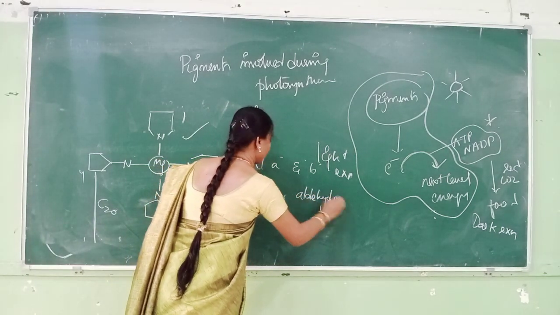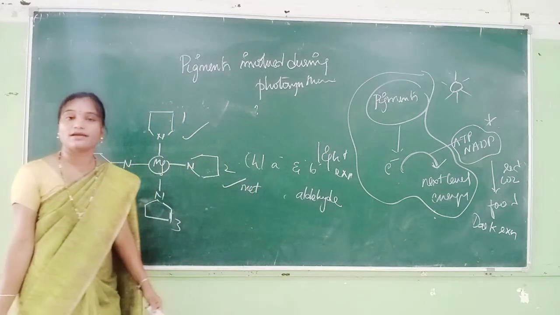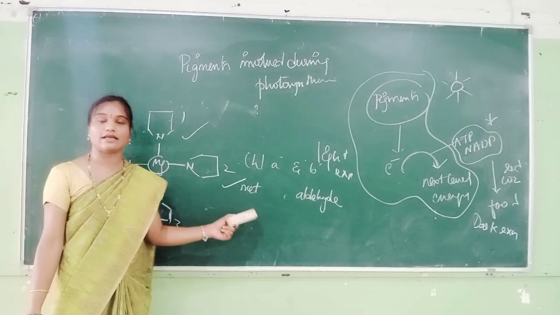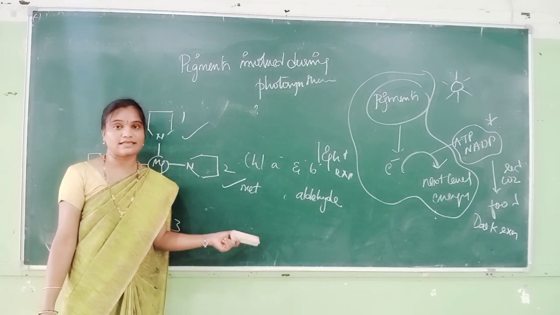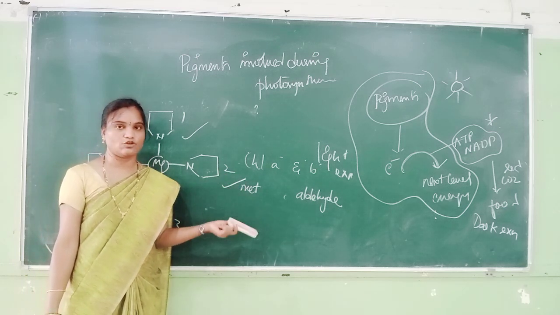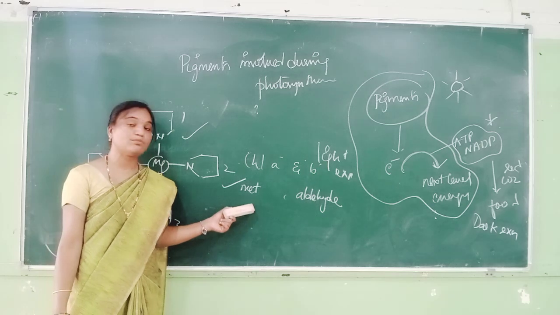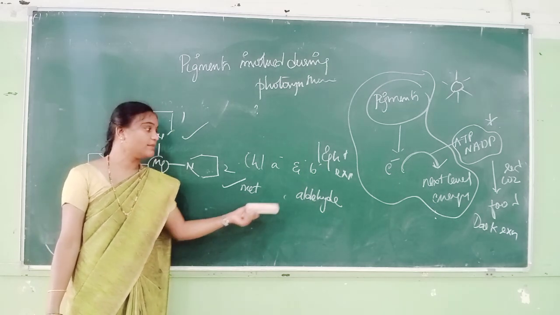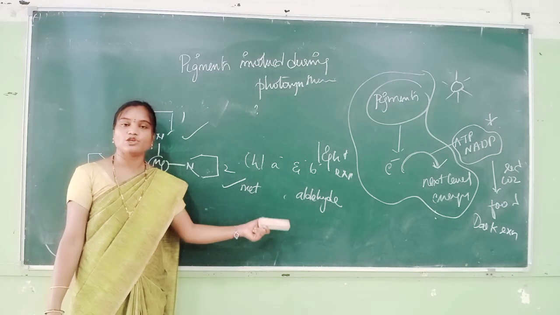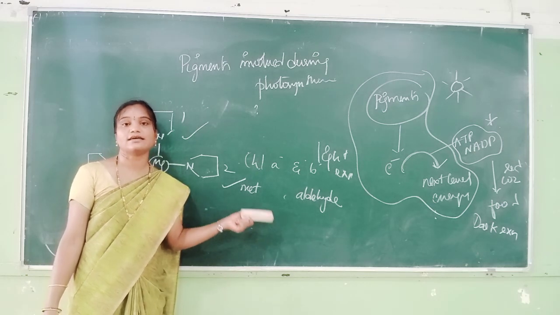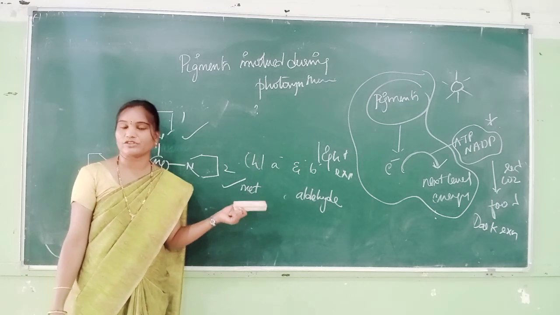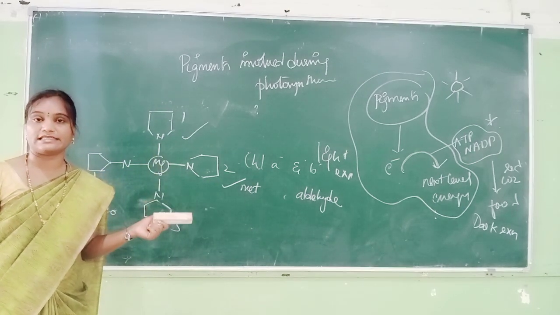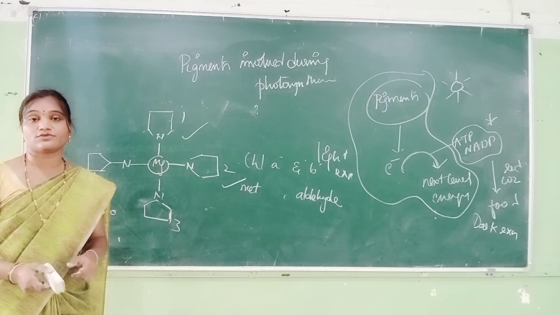This is the main important difference between chlorophyll A and chlorophyll B. Whenever a chromatogram is developed, chlorophyll A gives a bluish green color of pigments, and with chlorophyll B a green color chromatogram is observed. So these are the two important reaction centers where your photosynthesis will take place.